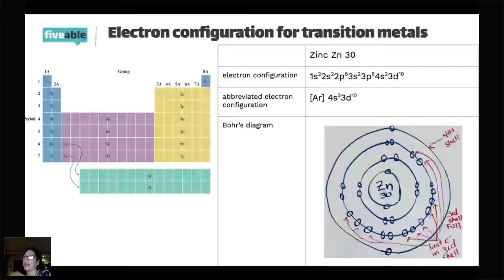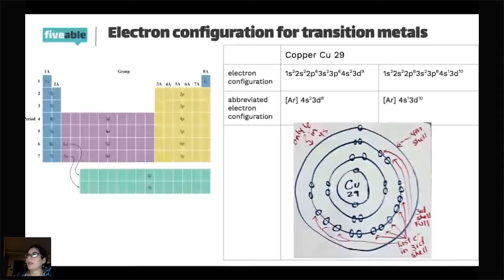Okay, Camila, not necessarily more reactive. Well, they will lose, for example, copper. It can lose. Remember that some of the transition elements have several charges. That is due to the fact that the transition elements are able to lose the outer shell and some of the inner shell.